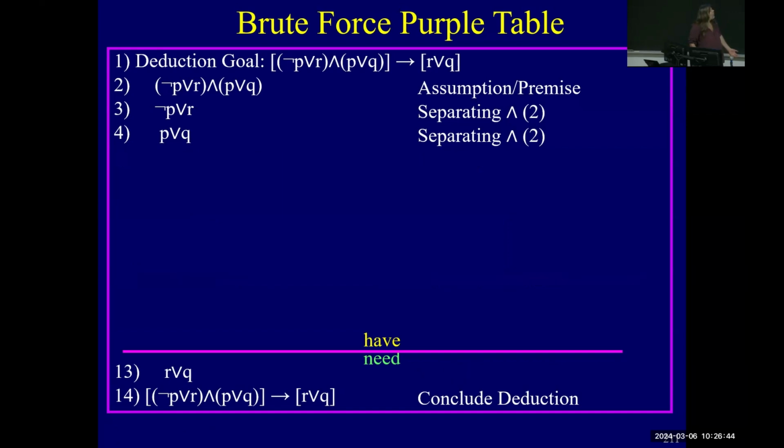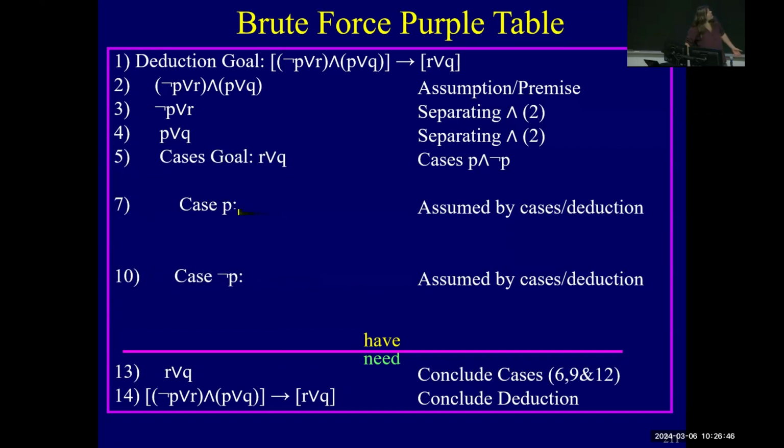What is our goal that we're trying to prove? I got that from what we're trying to prove. And then I bang in what my cases are. I decided my cases are going to be P and not P, right? And how did I know to do that?